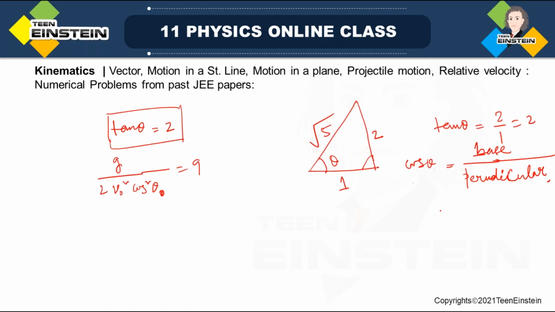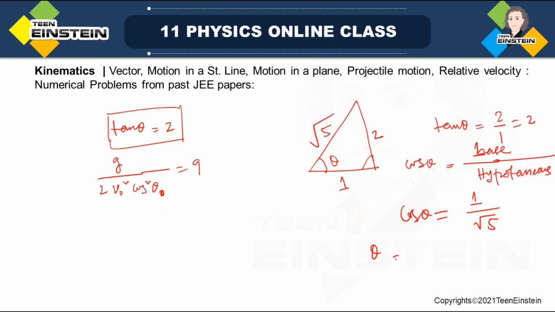What is the length of base here? Length of base is 1 and perpendicular is 2. Oh I'm sorry, this base is 1, this is not perpendicular, you have to write hypotenuse over here for cos theta. Hypotenuse is actually root 5, right? Base by hypotenuse, 1 by root 5. So look what you have got, cos theta.